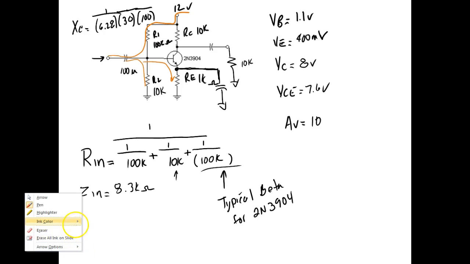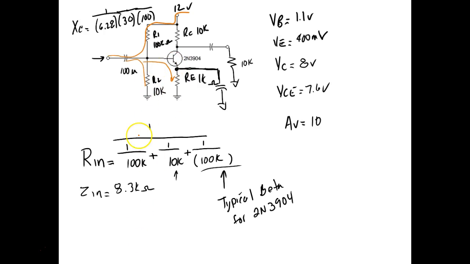So what's the rule of thumb for capacitors if we size them right? They do what to DC and what to AC?